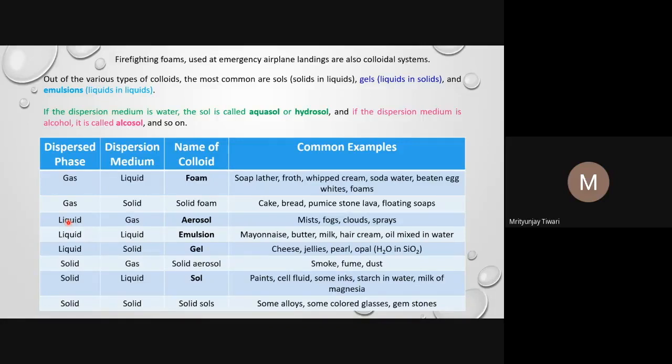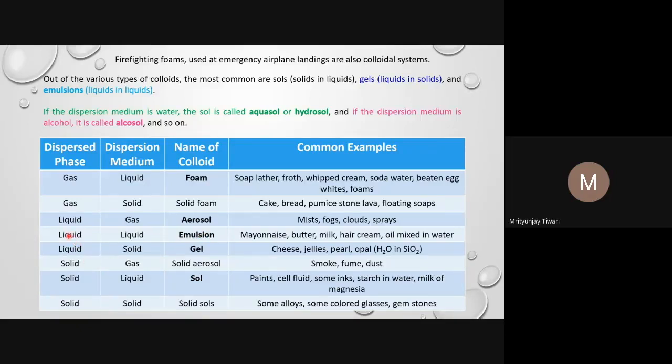These are small liquid particles in a gas as the dispersion medium, so they are examples of aerosols. An aerosol is a colloidal system in which the dispersed phase is a liquid and the dispersion medium is a gas. Solid aerosols will come a bit later.